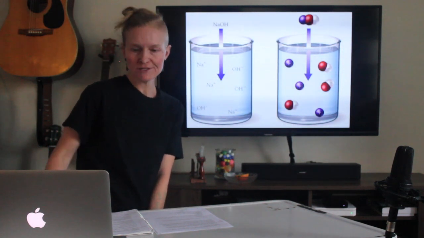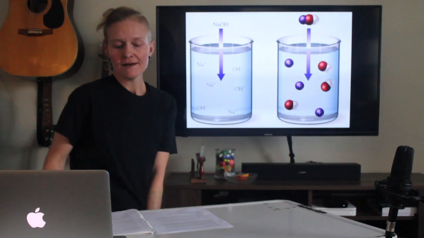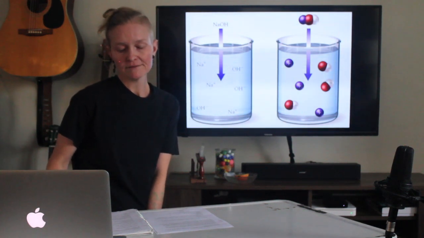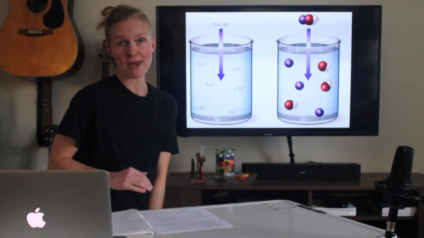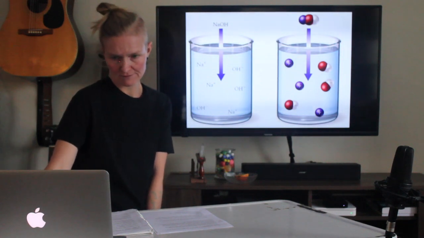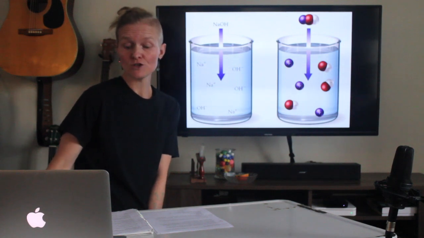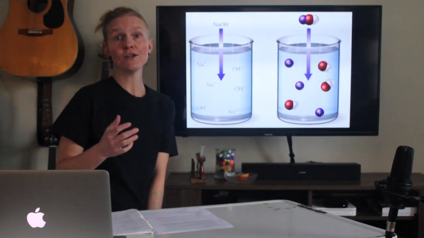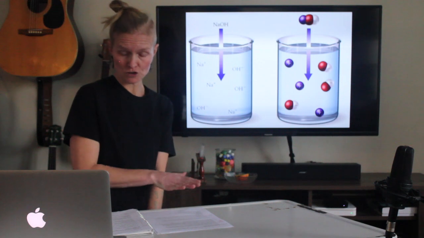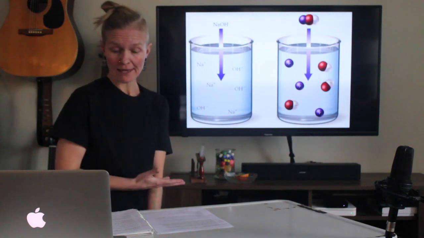Bases act the opposite way that acids do, in many ways. Like acids, though, you can have a weak base and a strong base. An example of a weak base is sodium bicarbonate, which we know as baking soda. We use it a lot in baking.